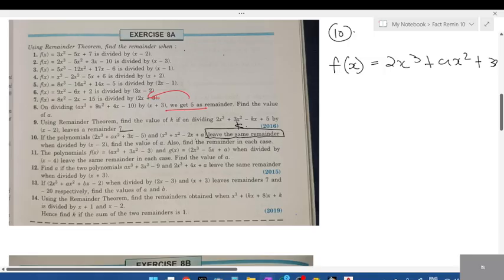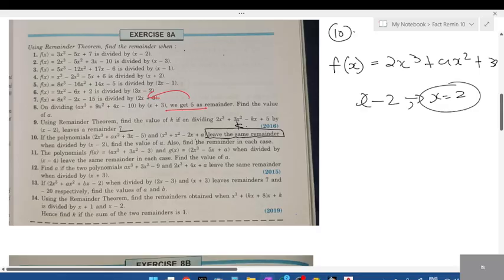Okay, then this is how we need to find, students. Then this is a remainder theorem. Leaves the same remainder when divided by x minus 2. So the divisor is x minus 2. What will be the value of x? X is equal to 2. Find the value of a. Also find the remainder, students.